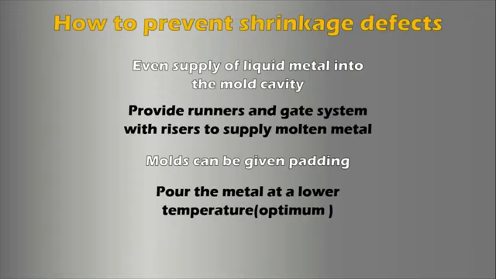Additionally, molds can be given padding, which widens the ends of narrow pieces attached to thicker parts, as this helps ensure the thicker sections get enough liquid metal before the thin part solidifies. Some manufacturers also place cooling ribs, cooling coils, or chills inside the molds to disperse heat faster. Pouring the metal at a lower temperature may also help.